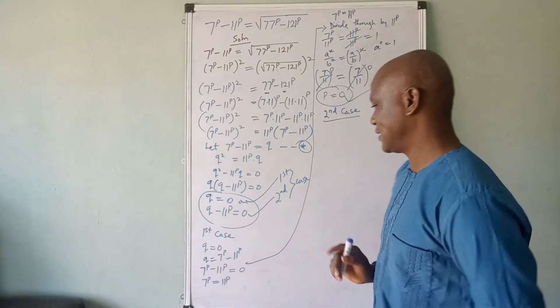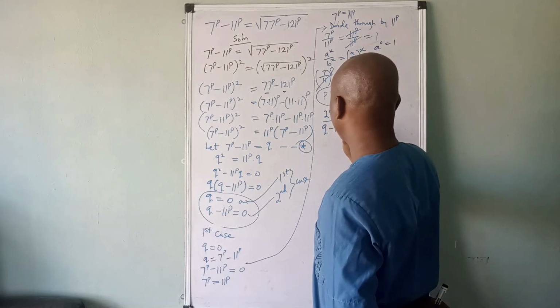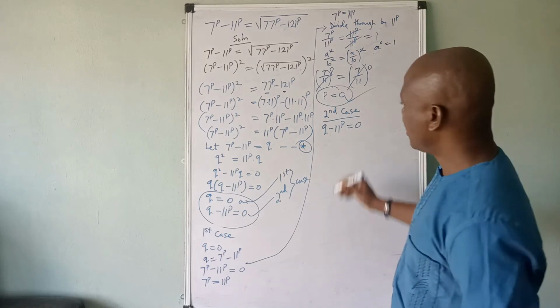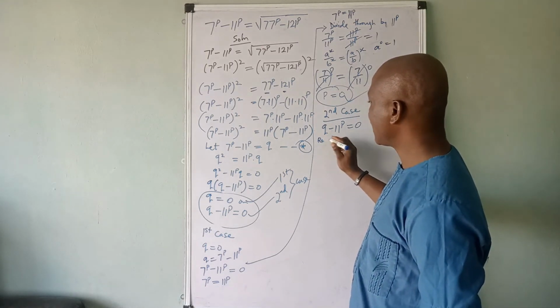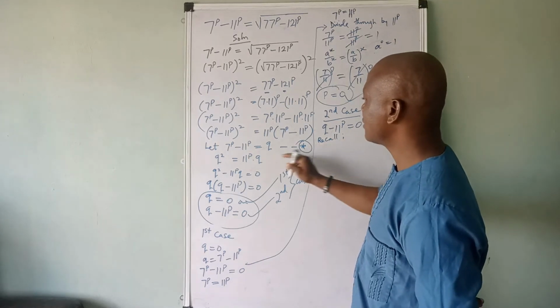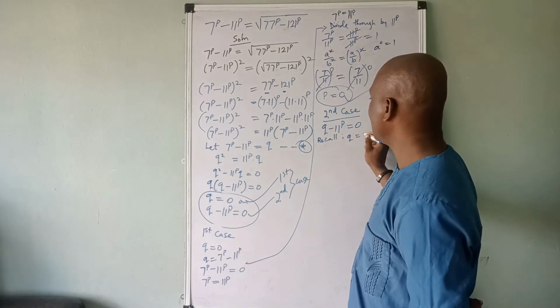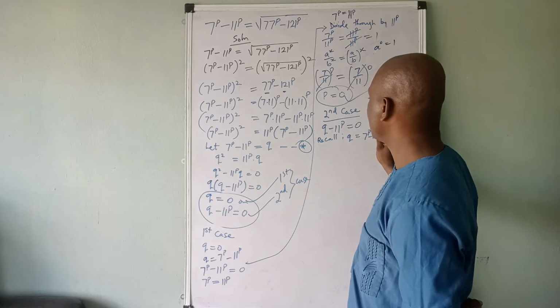Then for the second case, we have that q minus 11 raised to the power p is equal to 0. But if you recall, we have an expression for q. Recall that, see our equation star, that q is the same as 7 raised to the power p minus 11 raised to the power p.